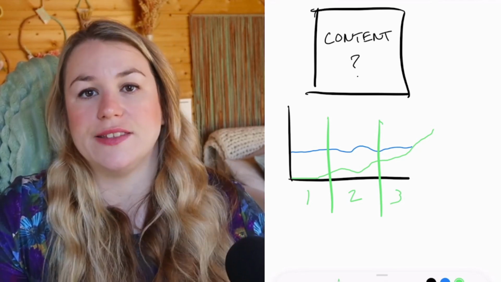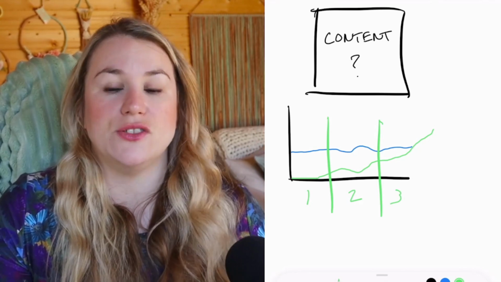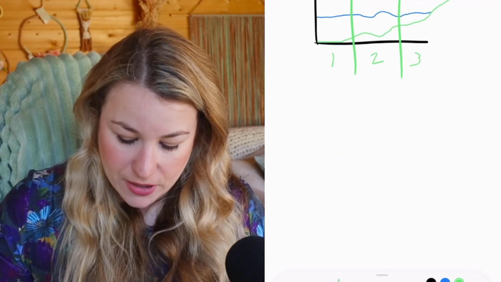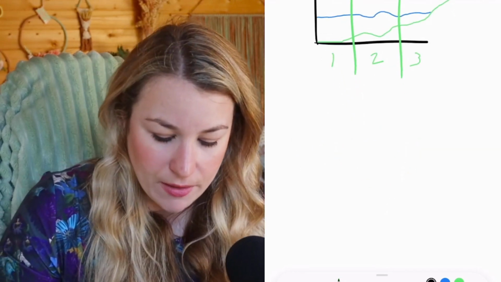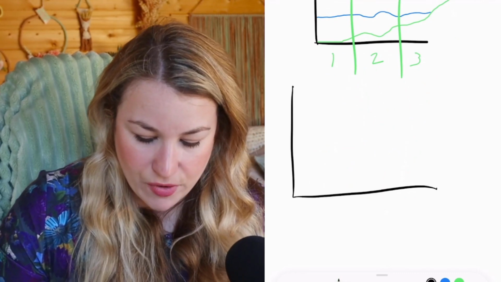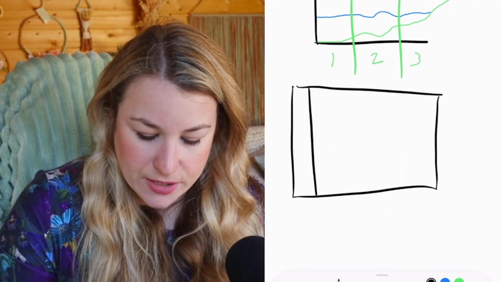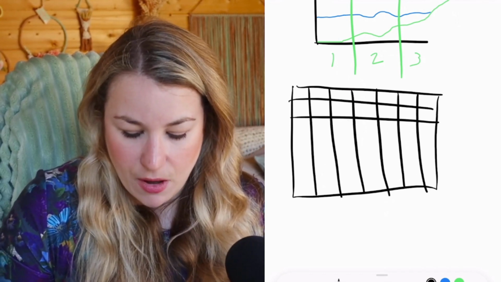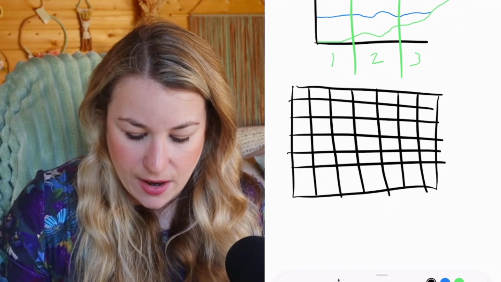Not every content piece needs to sell. What your content is doing is it's moving buyers closer. All right, so I want to actually demonstrate this. So let's just do a grid, and let's say that every single square is a content piece. And for those of you who are listening to this, I'm just drawing a grid with like a load of different squares.